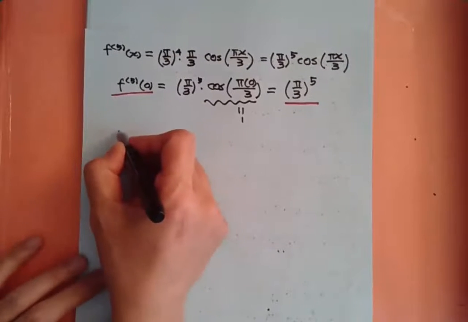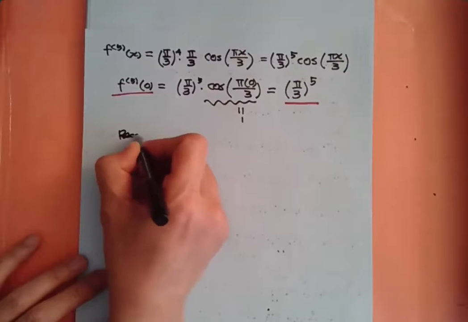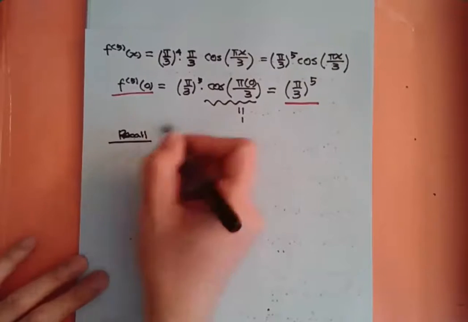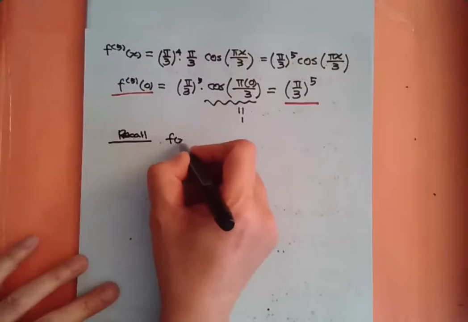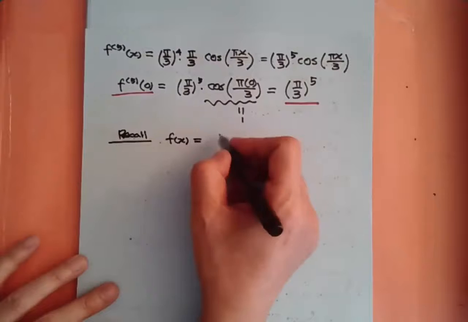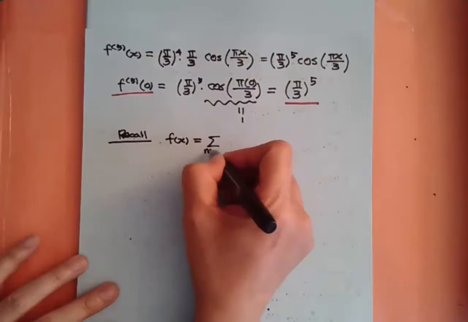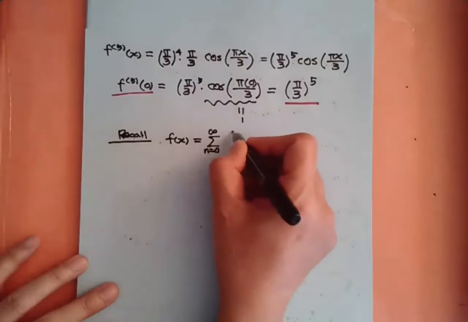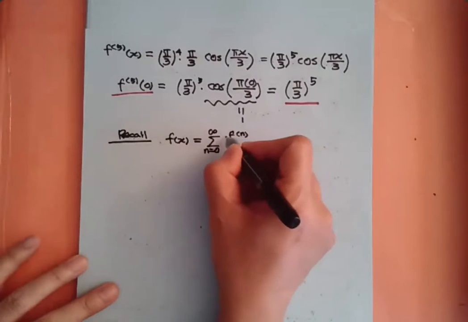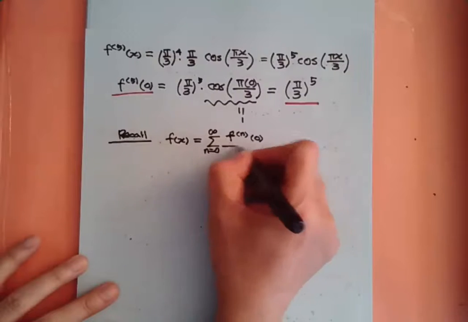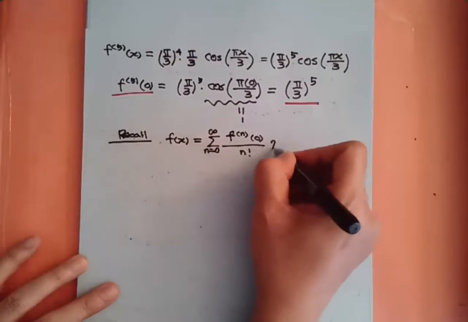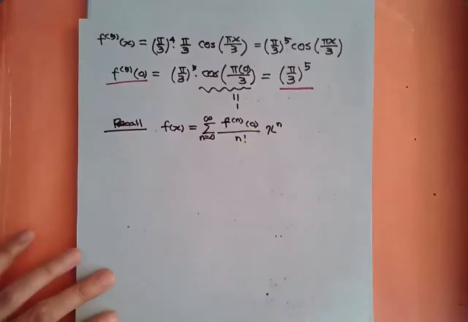If you think about the Maclaurin series formula, then it looks like f of x equals the sum from n equals 0 to infinity of the nth derivative of f at 0 over n factorial times x to the n power.